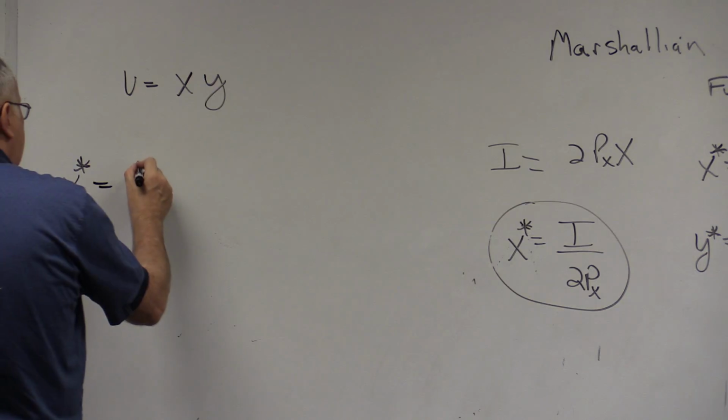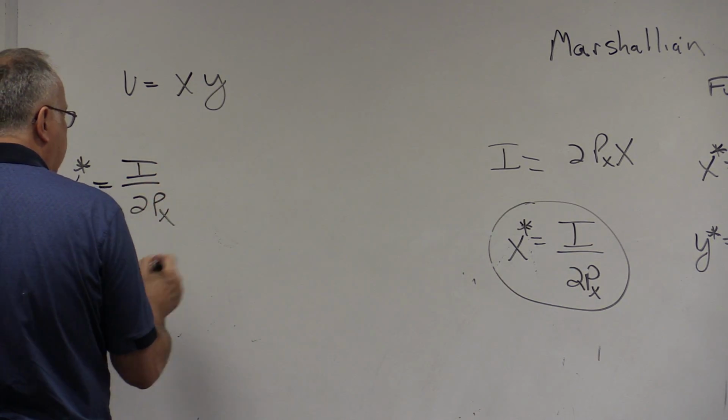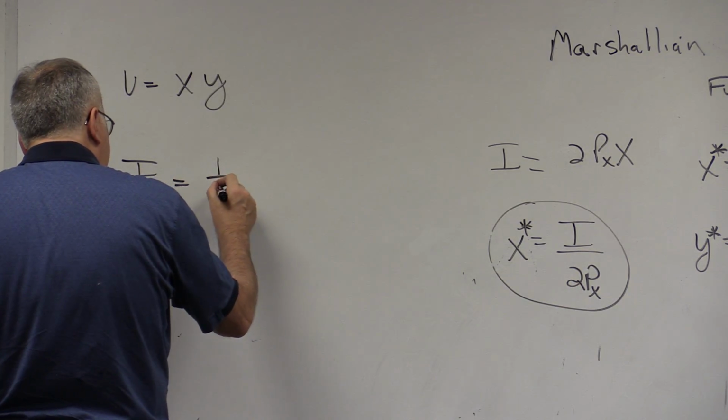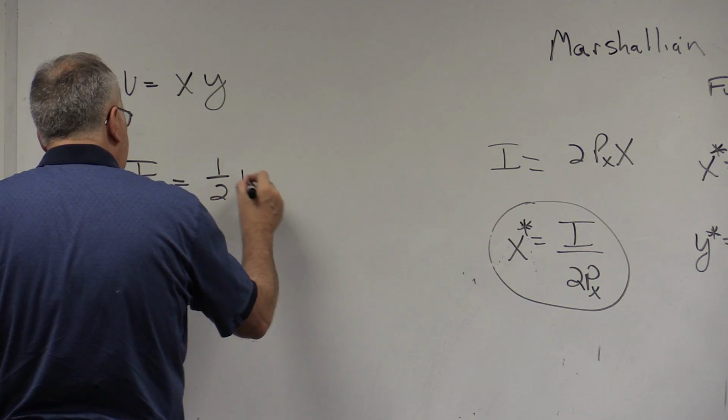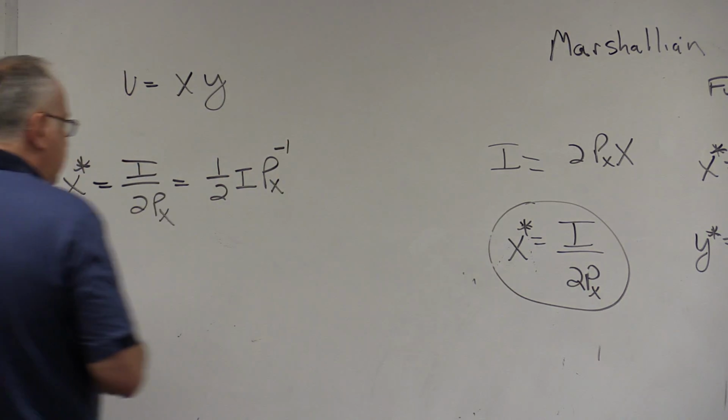X star is I over 2 times the price of good x. Or I could write that another way. Sometimes I prefer to write it this way: 1/2 times I times px to the minus 1.